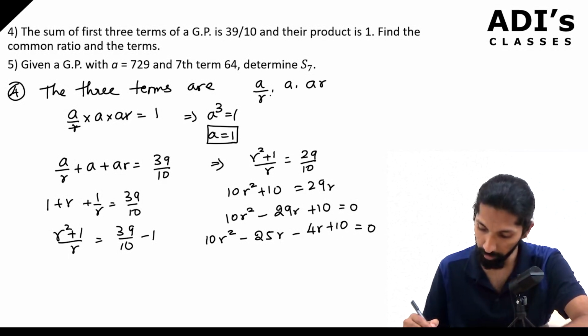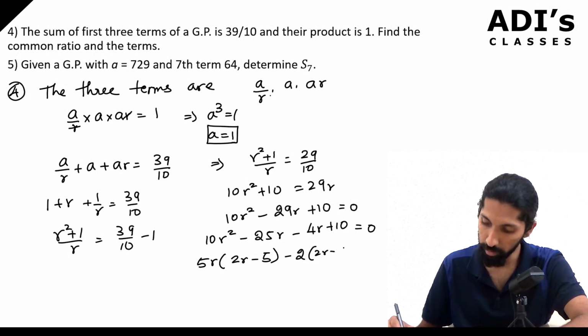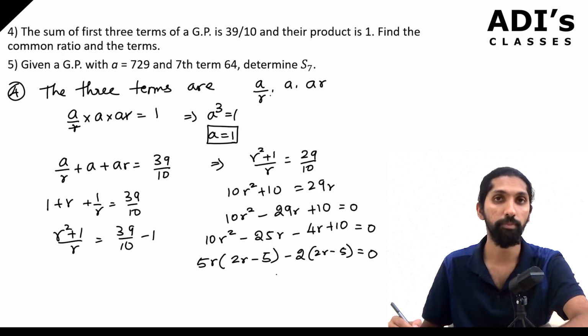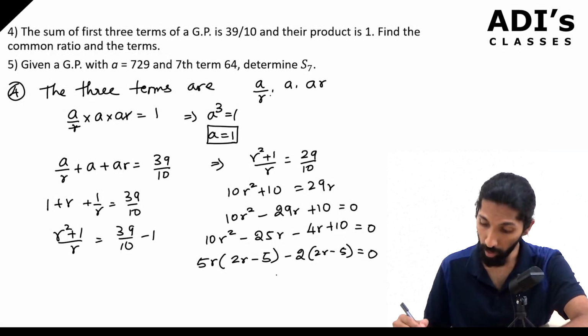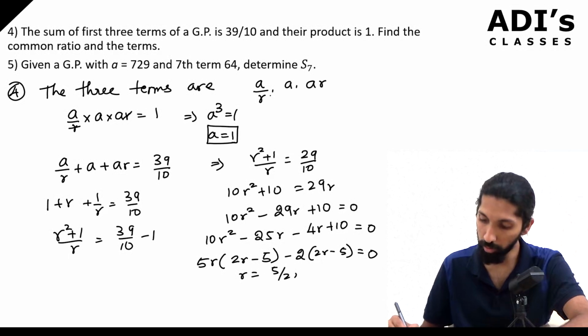Now in this you can take 5R as common. 5R minus 2 into 2R minus 5 is equal to 0. Right? So R value is either 5 by 2 or 2 by 5.